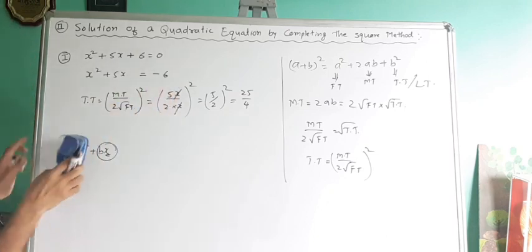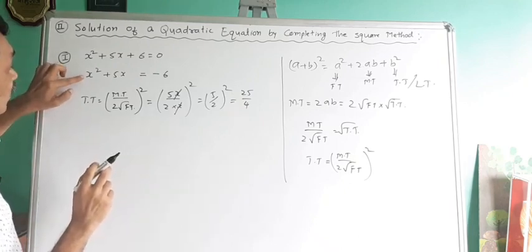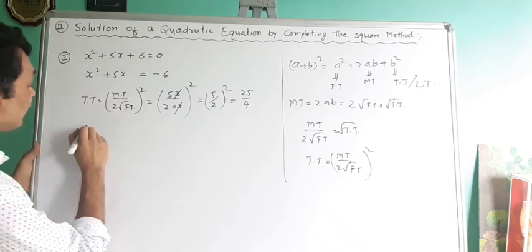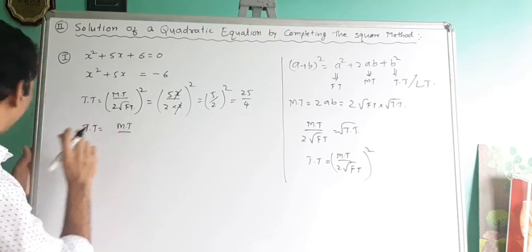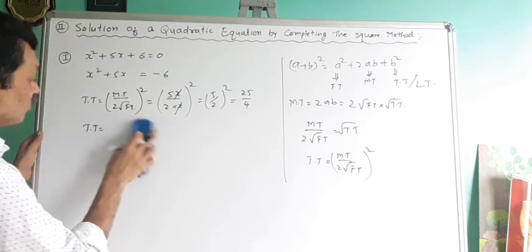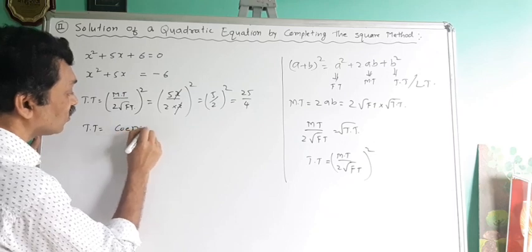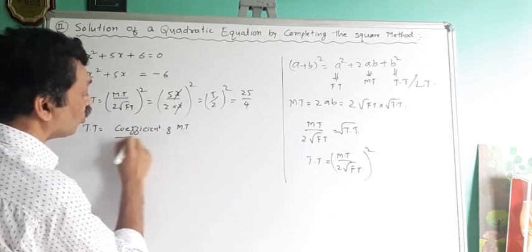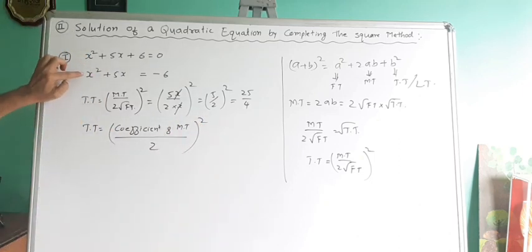So if the coefficient of the first term is 1, instead of writing this, we can directly write that the third term is equal to the coefficient of the middle term upon 2, the whole square, provided the coefficient of the first term is 1.